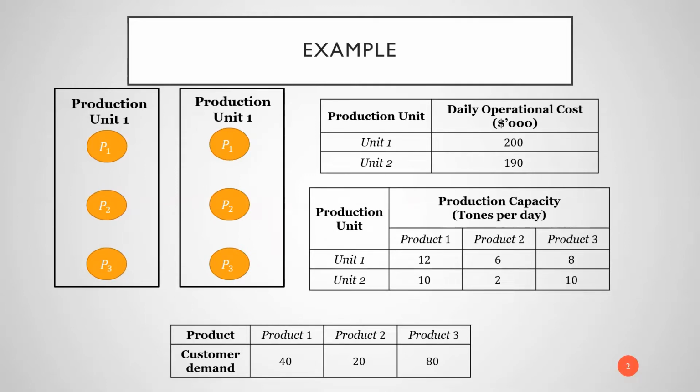The company has contracted a customer to supply them with 40 tons of product number one, 20 tons of product number two, and 80 tons of product number three. Now the question is, based on the different operating characteristics of these two production units, how many days will it take to fulfill the contract while minimizing the related costs?